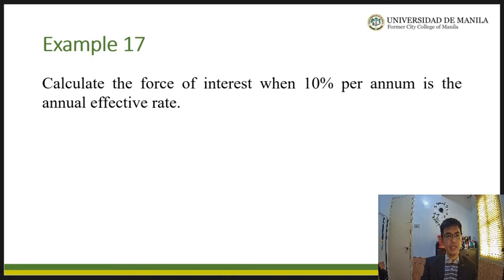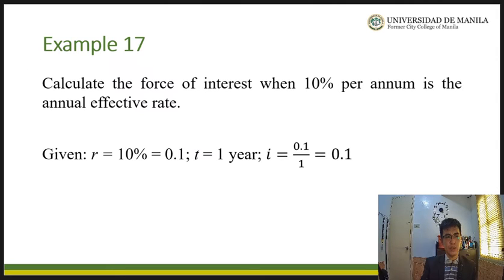Calculate the force of interest when 10% per annum is the annual effective rate. So the given, you know that we have the rate is 10%. It's equivalent to 0.1, and since hindi in-indicate dyan yung conversion period, we know that t is equal to 1.